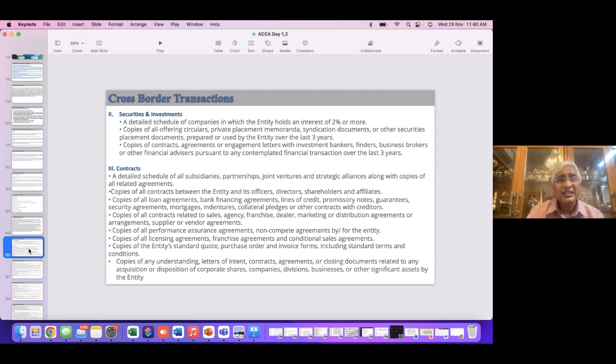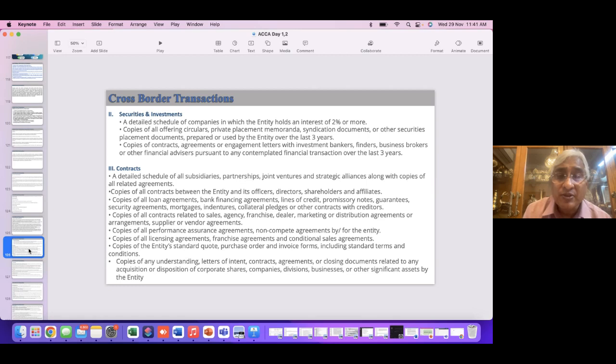The contracts are typically entered into with the subsidiaries or the joint ventures or any strategic alliances or any other related party. A detailed schedule of all such subsidiaries, partnerships, joint ventures, strategic alliances, along with copies of agreements entered into, the related agreements, and other documents, everything to be kept ready as supporting.